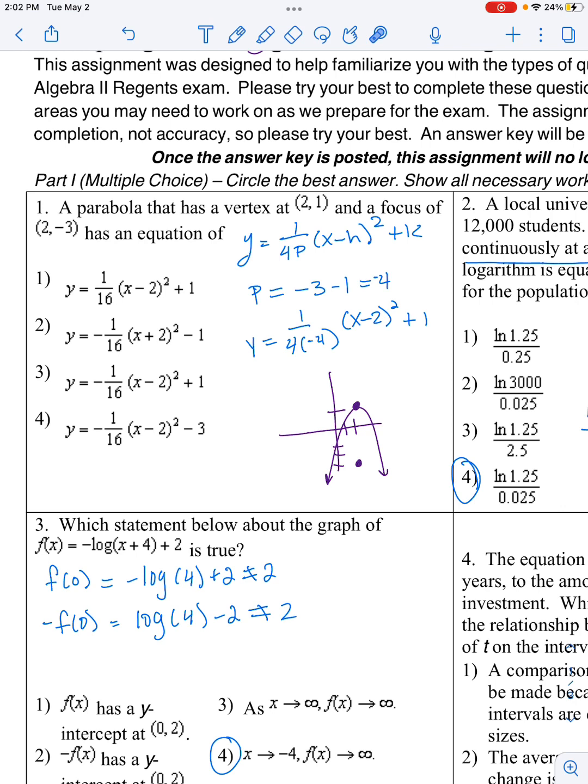So 1/4 times -4, and then we're plugging in our vertex (h, k). So we have (x - 2)^2 + 1. So our answer is going to be -1/16 times (x - 2)^2 + 1.